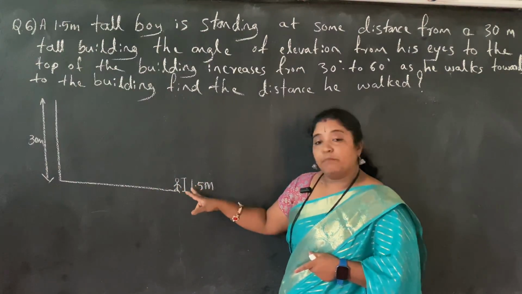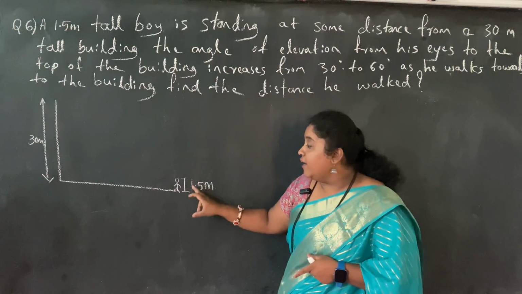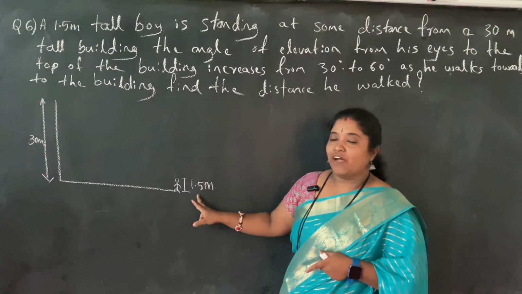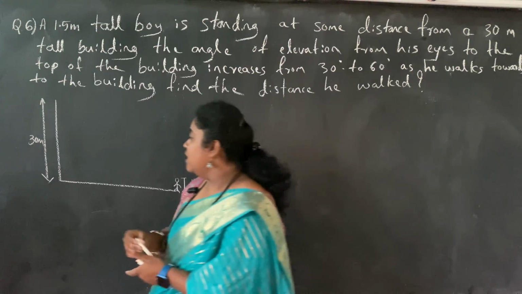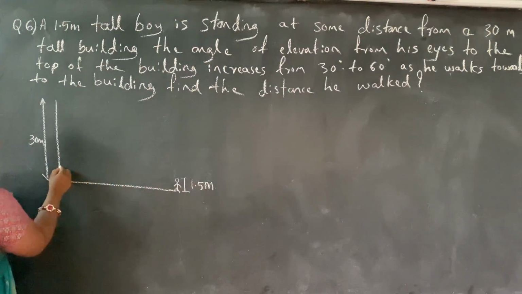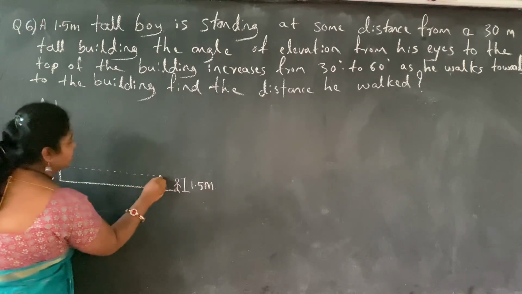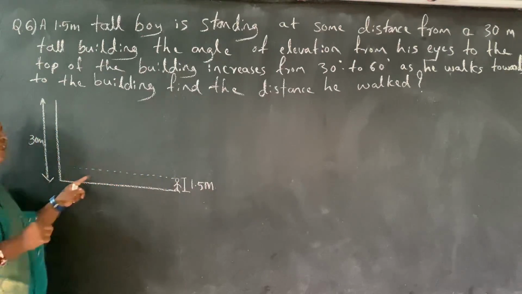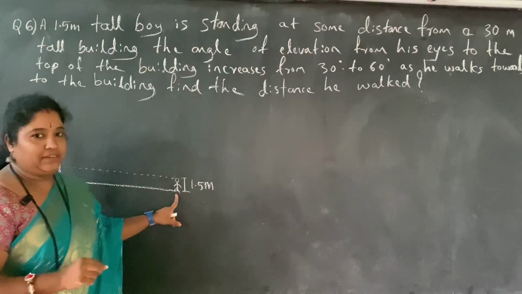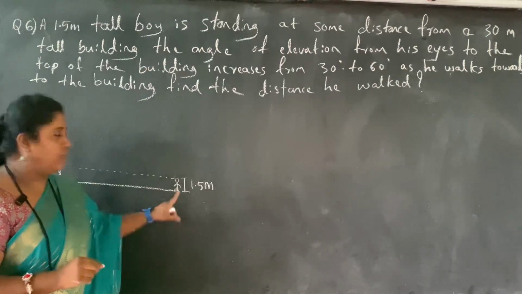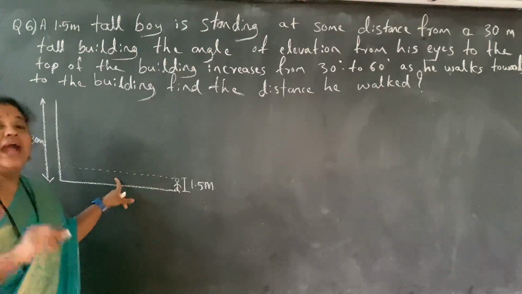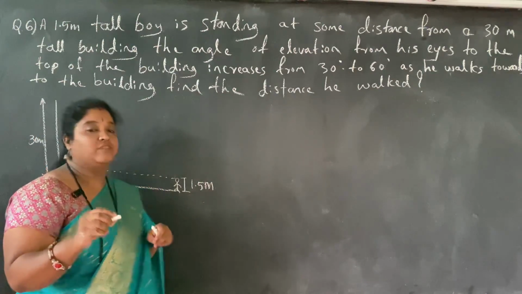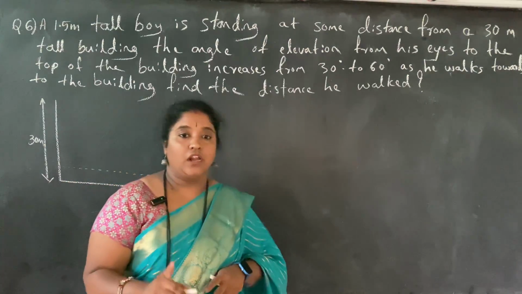But now, with respect to the person, since the height of the person is 1.5, what will be his horizontal level with respect to the building? See here, the height of the child will become the horizontal level with respect to the child or boy. Understood? With respect to this boy, this will be the horizontal level, and our calculation starts with respect to the horizontal level, not with the ground.